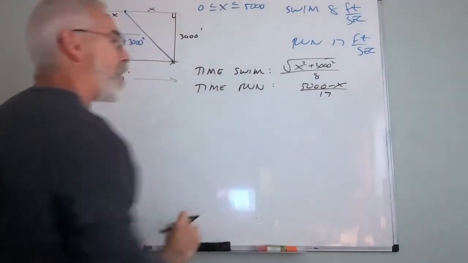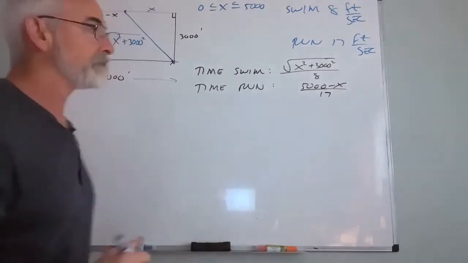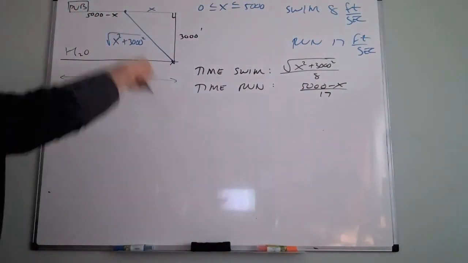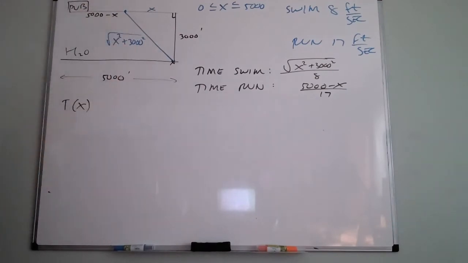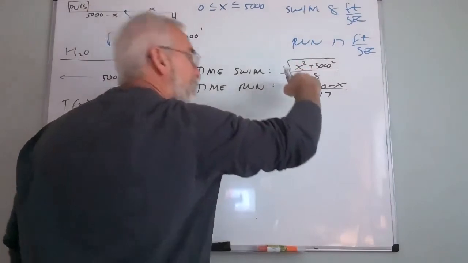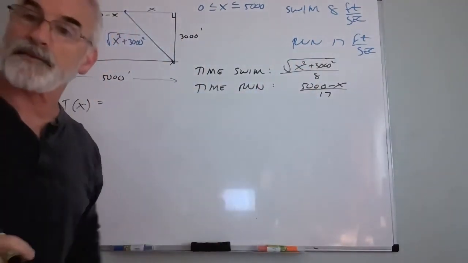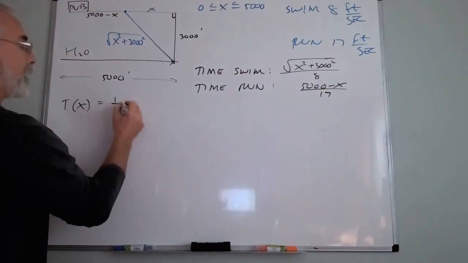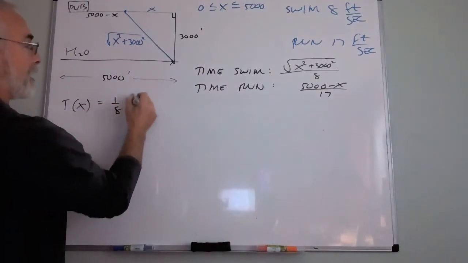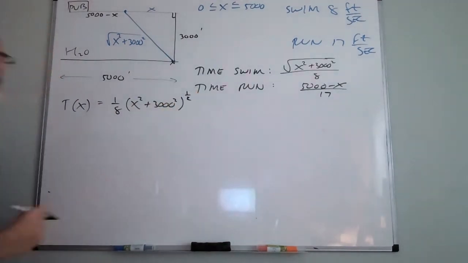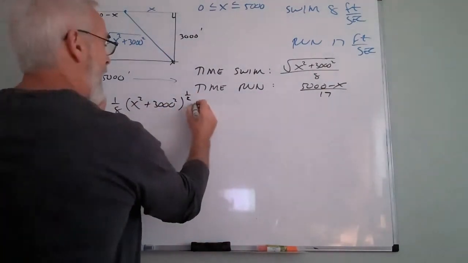So now I'll call my function time. Time as a function of X, because how long it takes clearly depends on the value of X. It's going to be this plus this, I'm just simply going to add up those two quantities. So I'm going to rewrite that as 1/8 times X squared plus 3,000 squared to the 1/2 power. I have to take a derivative, so it's easier to write it like that.